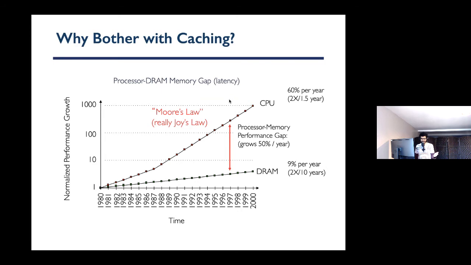Now, when you have caches, what is the cache going to do? Cache is going to sit next to the CPU, on the same chip, so it's very fast. Now, instead of the CPU going directly to memory, it's going to go first to the cache. And hopefully, if you have a good cache reuse and good cache mechanism, you can find your data in the cache, and that would eliminate the need for you to go to memory.